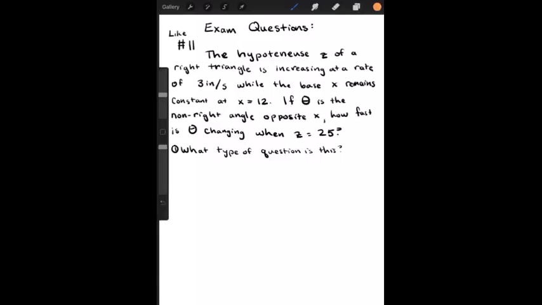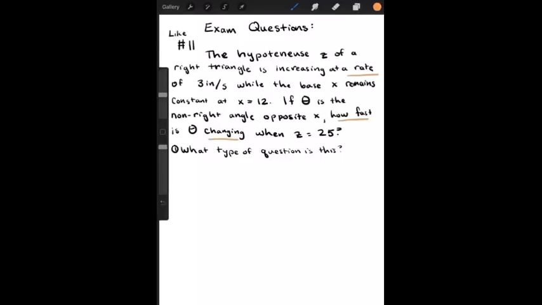So some of the key things to look at are that right there, right? The information that we're given tells us something about a rate of change of something. And the question is asking about the rate of change of something else. Right?